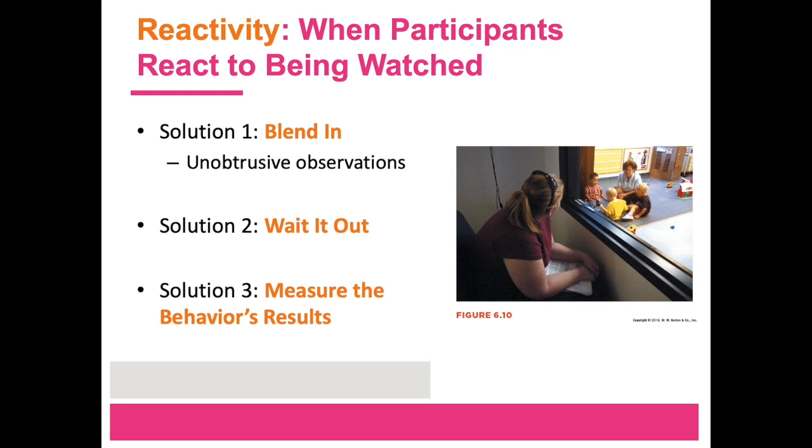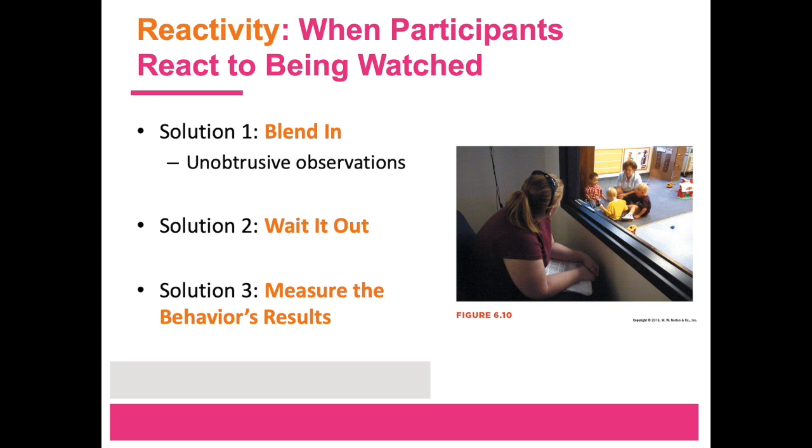So for example, you may have heard of the marshmallow study where they put kids in a room and gave them a marshmallow and said if they didn't eat it, they would be able to get another one really soon. And so what they did is leave. And they were watching, so they did blend in.